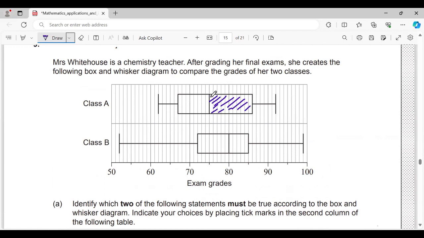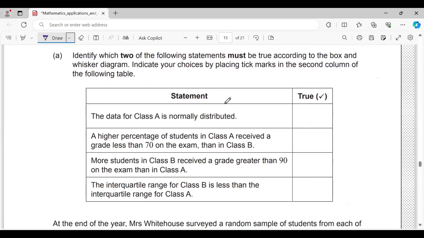If distributed normally, the graph would look like this, and the mu is supposed to be at the center, but this mu is not at the center; it's supposed to be here. So the data for class A is not normally distributed.